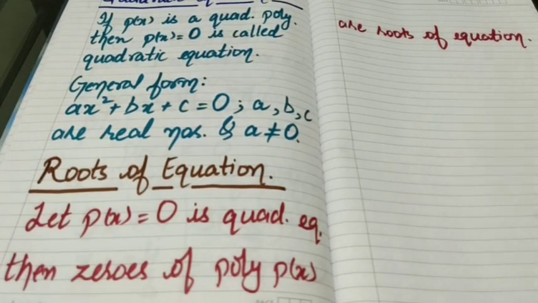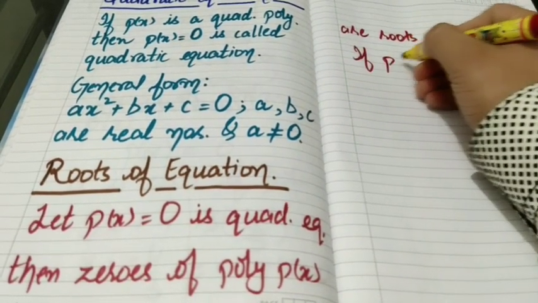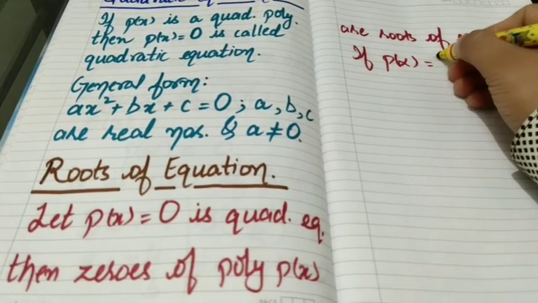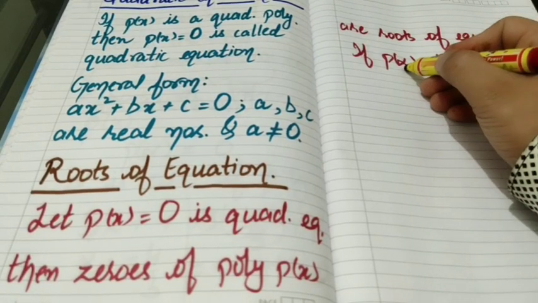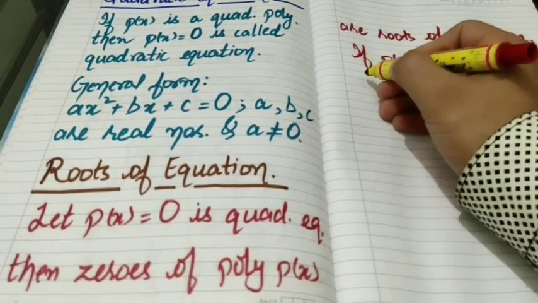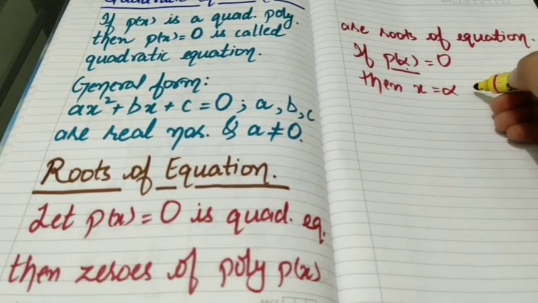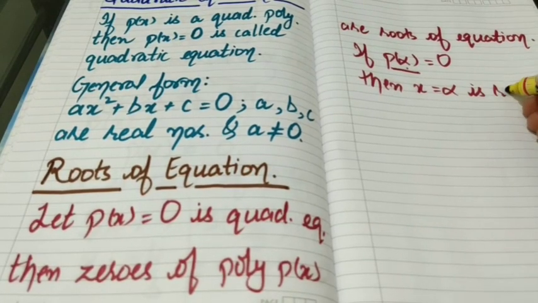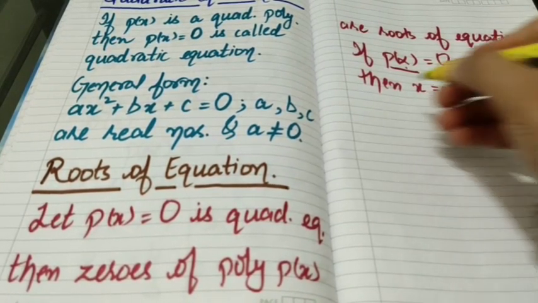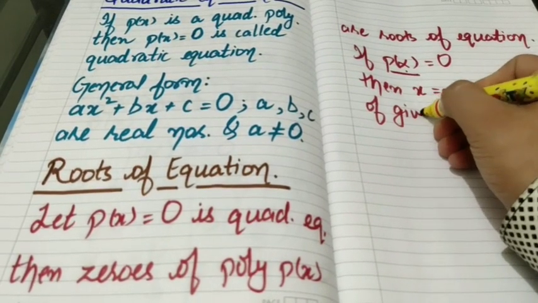By root of an equation we actually mean that if p of alpha equals 0, that is, if alpha is a zero of the polynomial p(x), then x equals alpha is a root of the given equation.